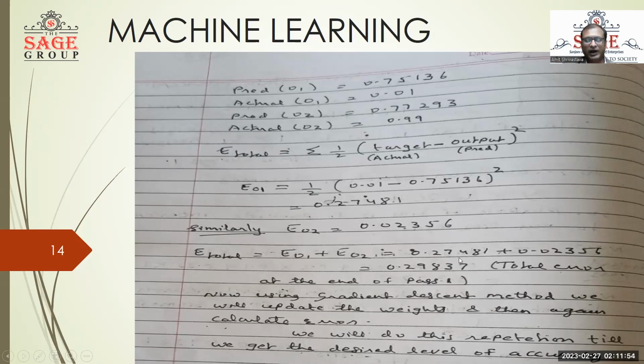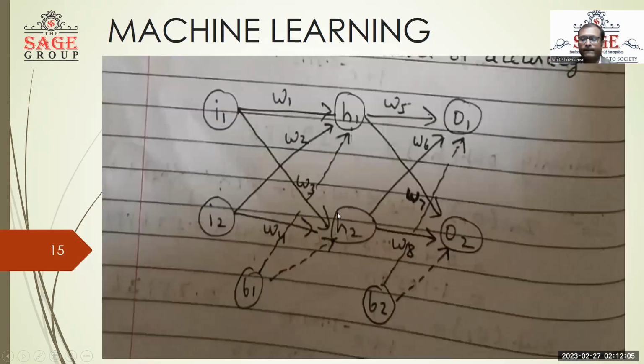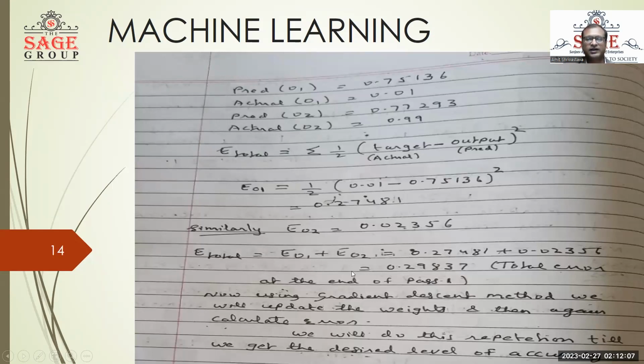Now, if I want to reduce this error, I am going to apply the gradient descent method for updating the weights. So we will update the weights, and then again follow the same process and calculate this error.